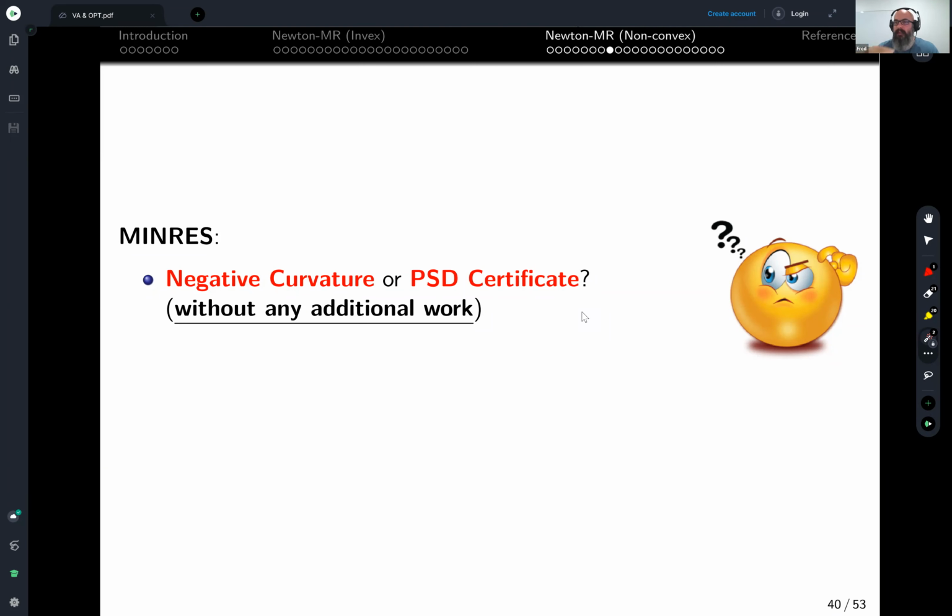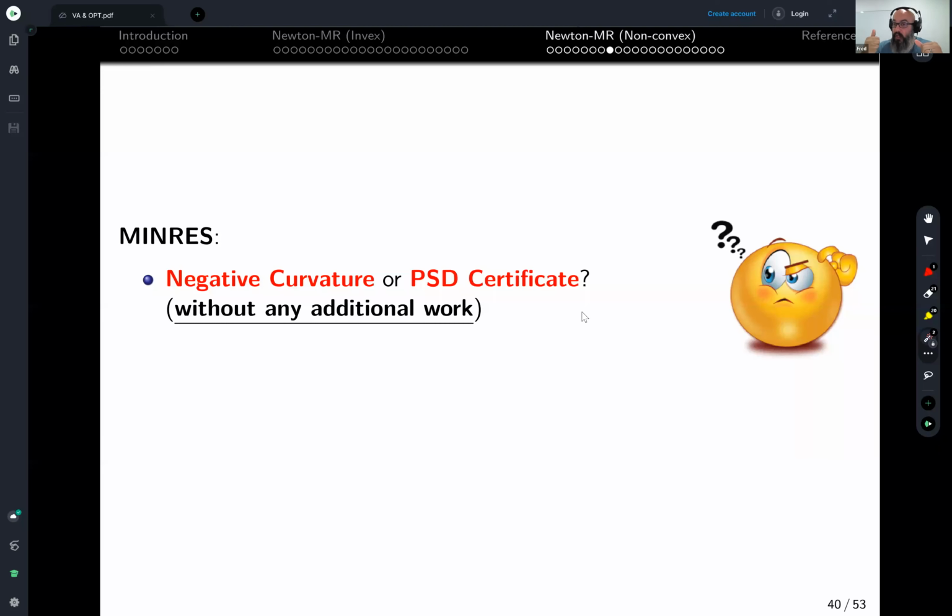We don't want to form any new matrix-vector products, such as at every iteration taking a vector and forming a quadratic, which involves an additional matrix-vector product. Every iteration of MINRES amounts to one matrix-vector product, the same as CG. So without adding any additional computation, can we detect negative curvature?